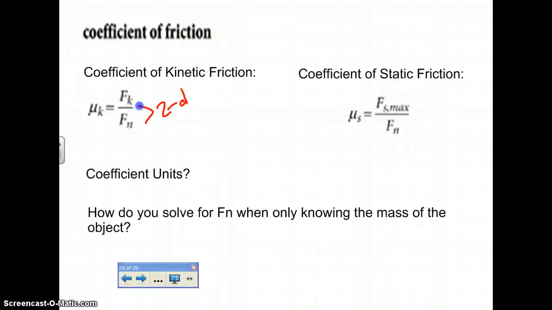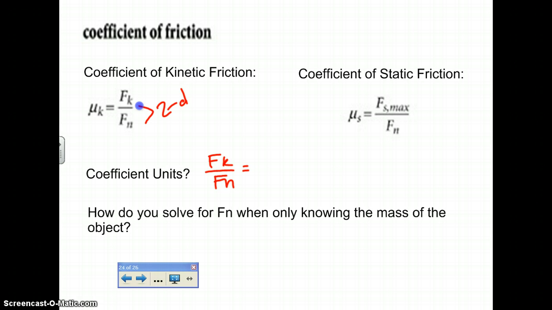All right, then over here, mu s is Fs max over F of n. So really, it's the same equation. You just have to assess, well, is it in motion, F of k over F of n, or is it at rest, Fs max over F of n? So if you have F of k over F of n, what are the units of F of k?